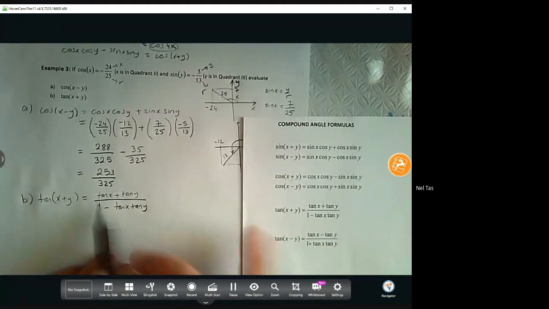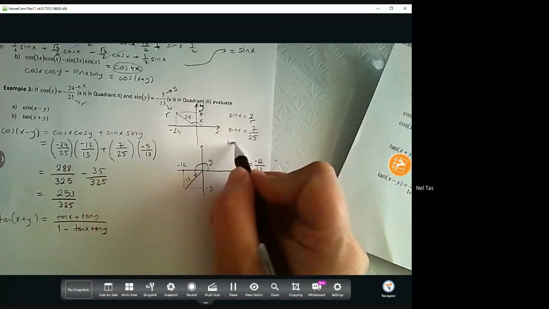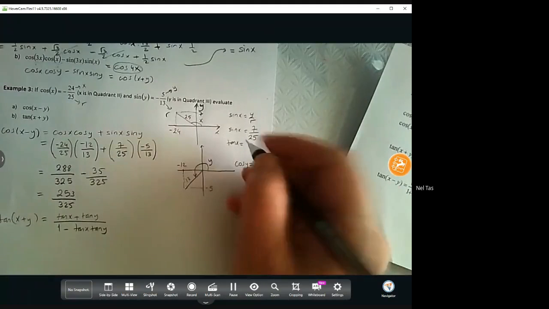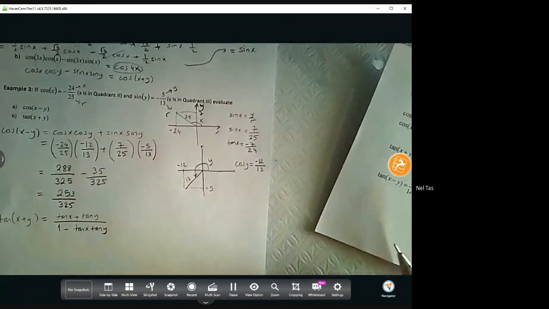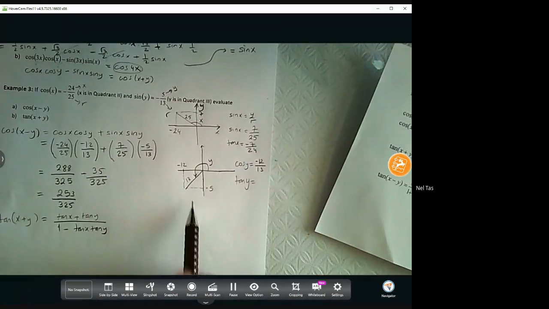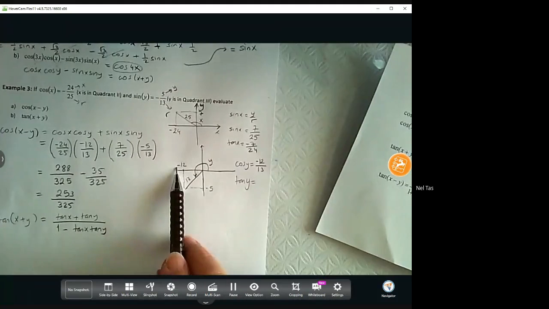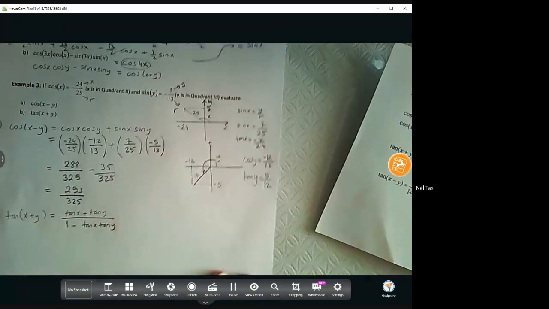So then to do this calculation, we need to find tangent x, y over x, 7 over negative 24, so negative 7 over 24. Tangent y is negative 5 over negative 12, which is positive 5 over 12.